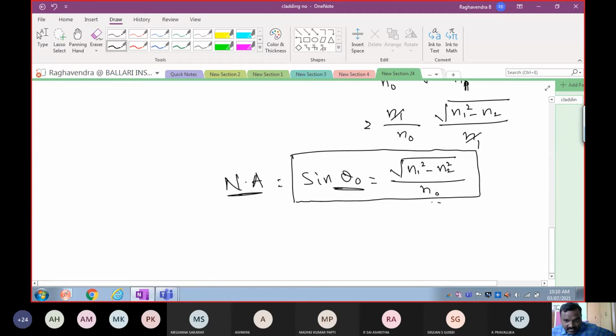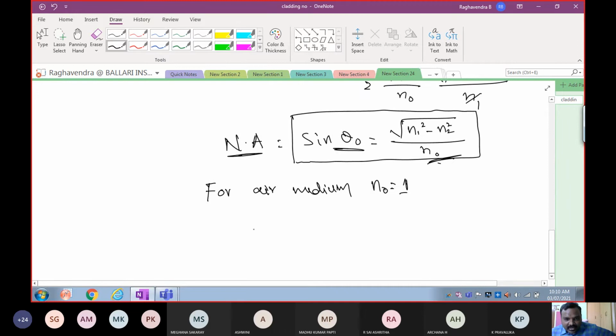What is n naught? Refractive index of surrounding. Very good. The refractive index of the surrounding medium. For air medium, the refractive index is 1.